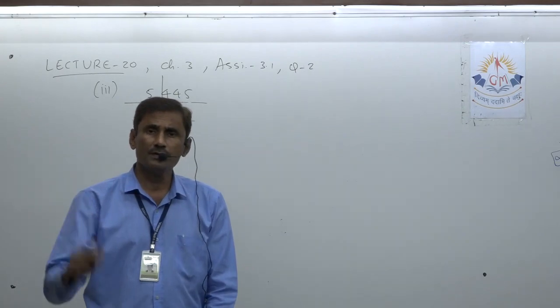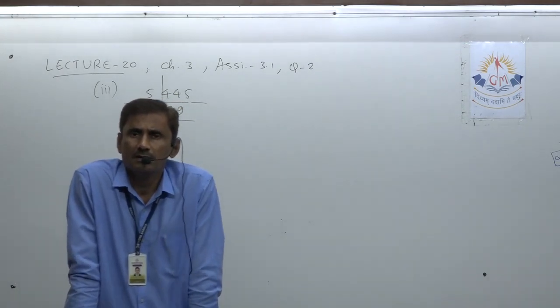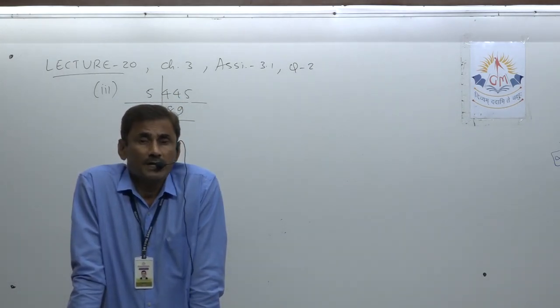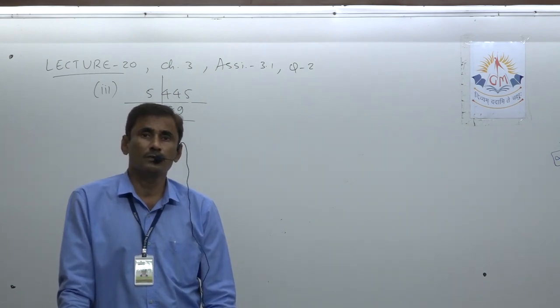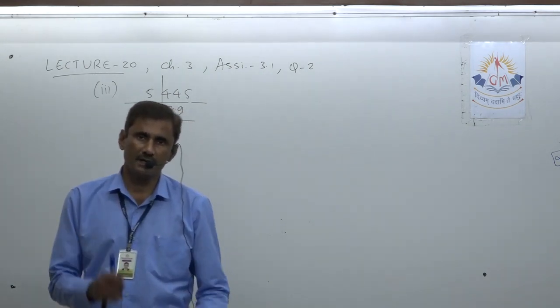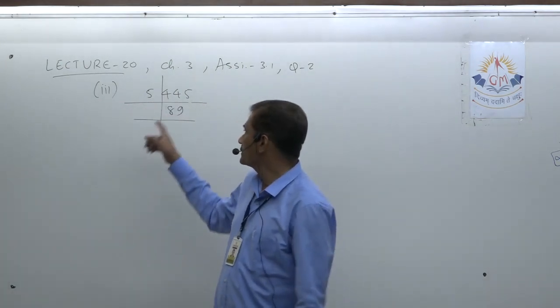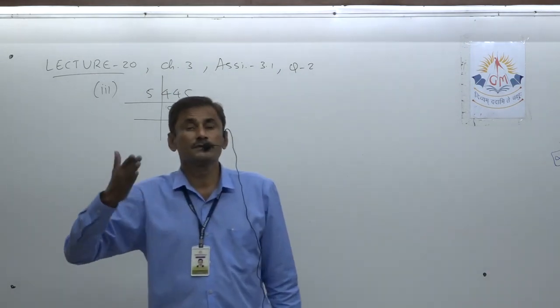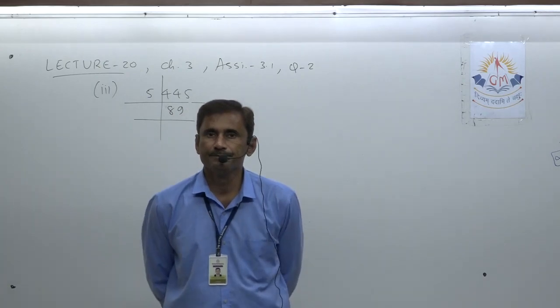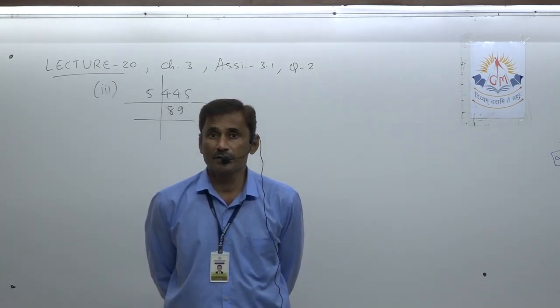Now up to what number do we have to check? If we go up to 89, it will be time consuming. So now I am giving you one rule: you just check up to the square root of that number. So what is the square root of 89?